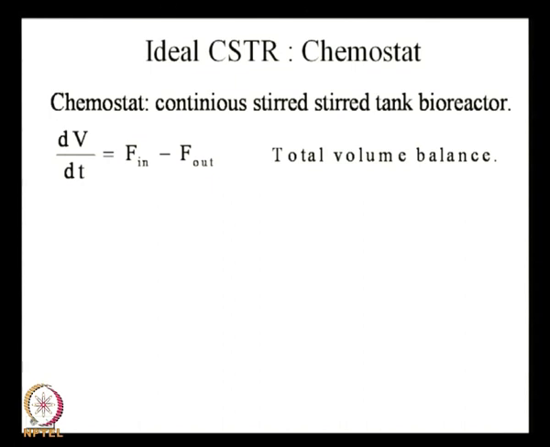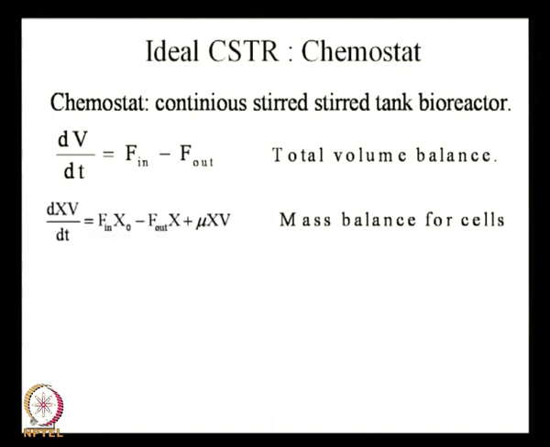Fine. So, the next balance we do is a mass balance for the cells. You will have to multiply by the cell concentration. So, d/dt of XV, plus there will be a generation of cells. That is the only difference between the other components and the cells: overall volume is not being generated, whereas cells are being generated.